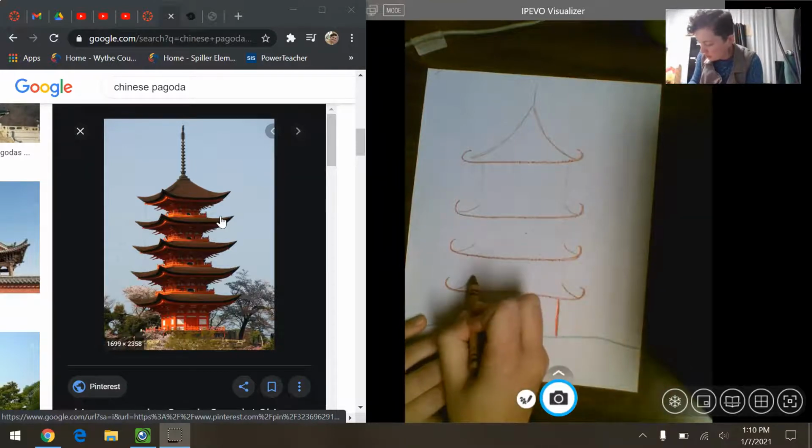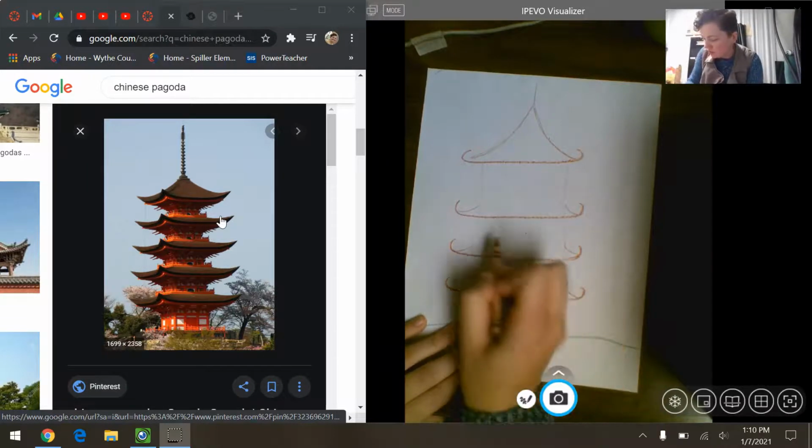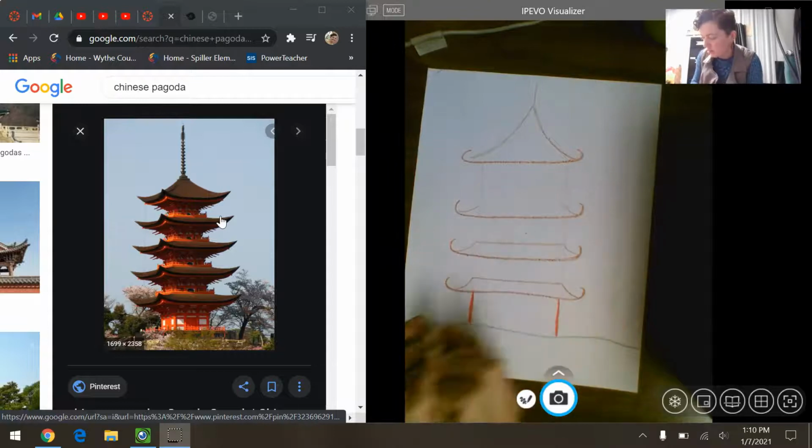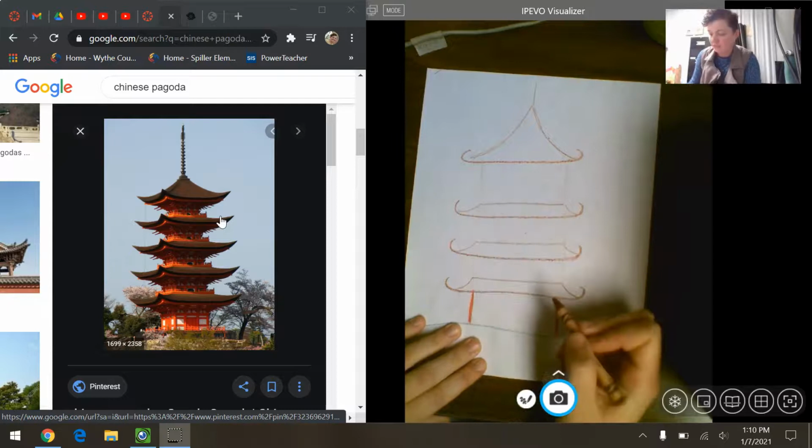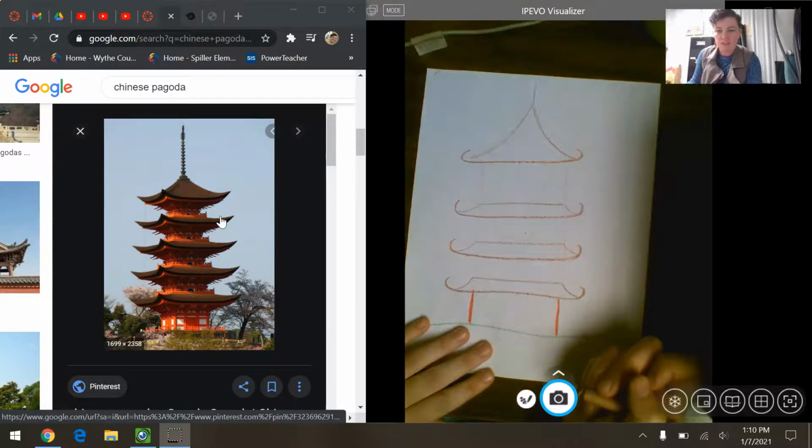And then what I'm going to do is another horizontal line across, matching those up. Alright, so they kind of look like funny mustaches.